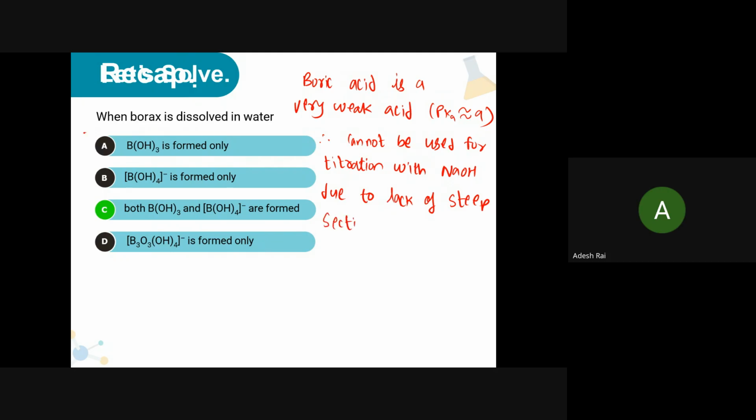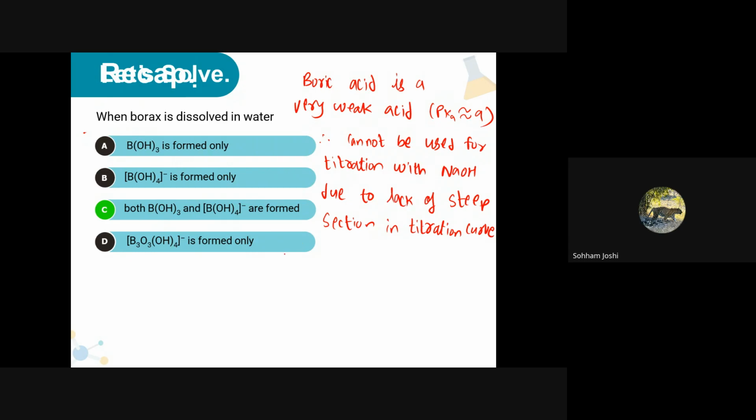That steep section gives us the range in the titration curve or plot, whatever you want to call it.